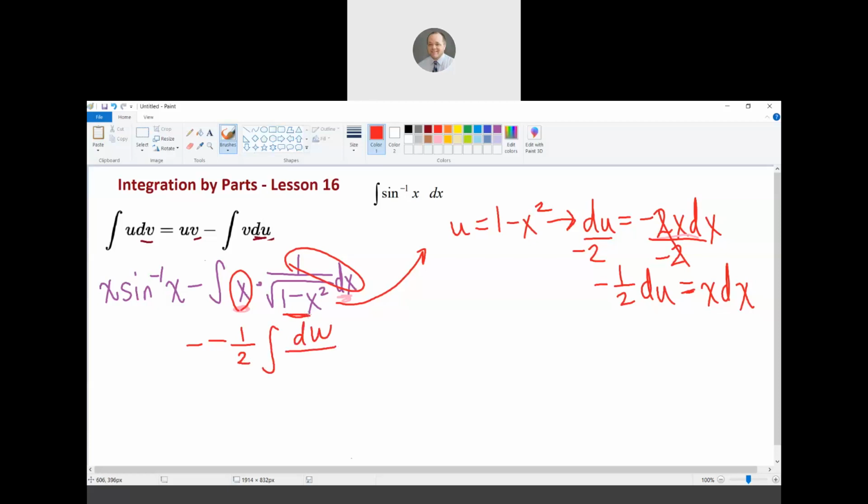And what goes under the radical is just plain u, but it's square root of u. Square root of u, as y'all know, is the same thing as u to the 1/2 power. And in order to integrate du over u to the 1/2 power, we need to rewrite it as a negative exponent.